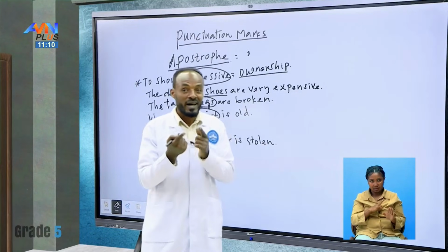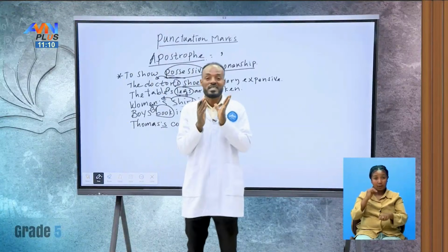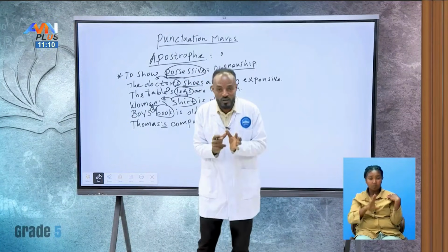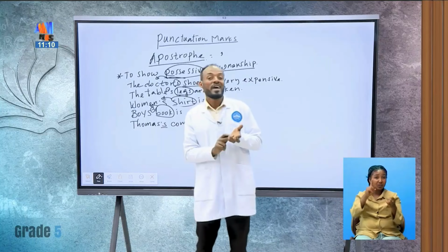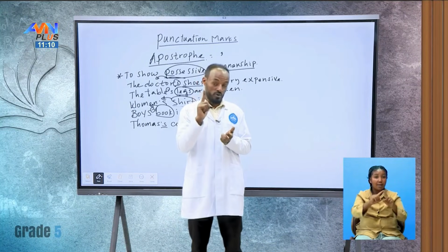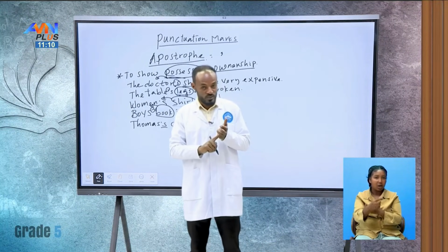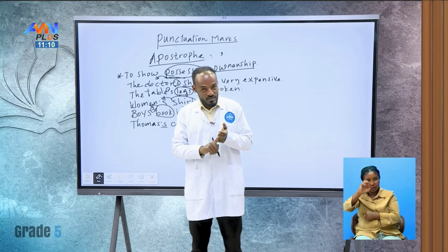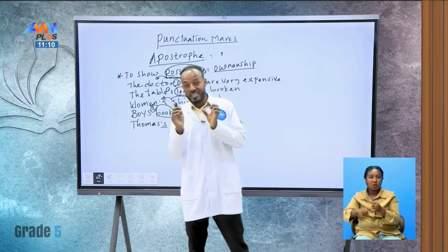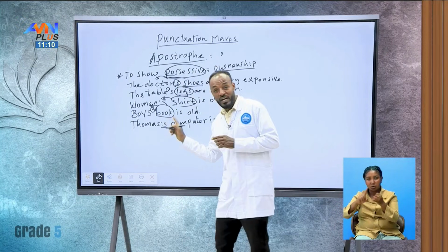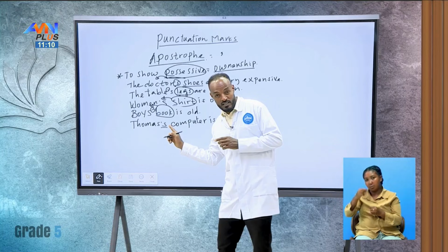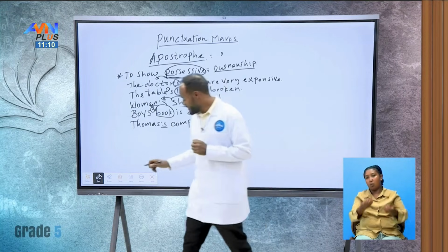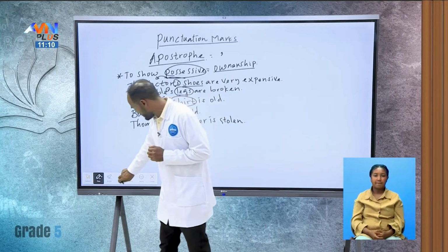Is it clear? If the person we are talking about ends in S but is singular, just like Shimelis or Thomas, such names take apostrophe S. Is it clear? Good.